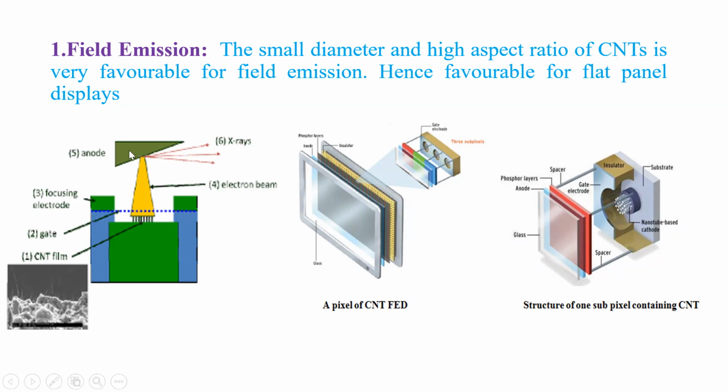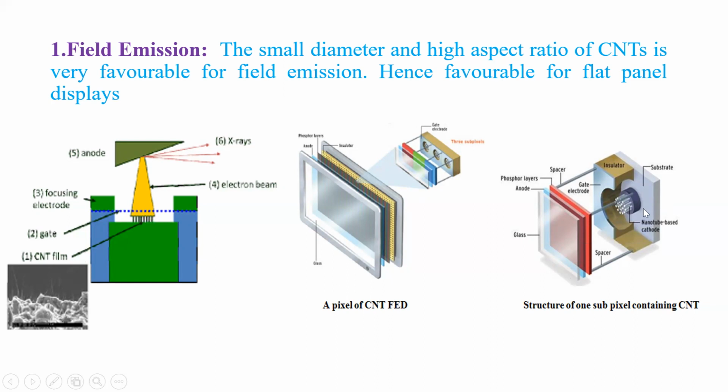Here we have anode and gate, focusing electrode, and this is electron beam. So here X-rays are there, and here the CNT film we are using as a cathode. So in flat panel display, CNT film is used as a cathode.